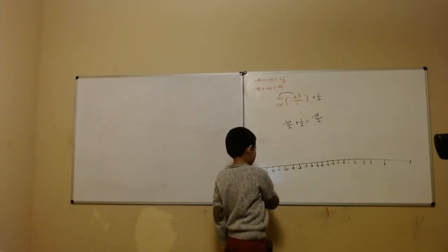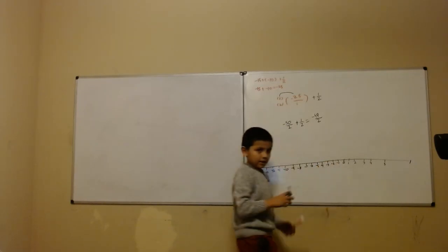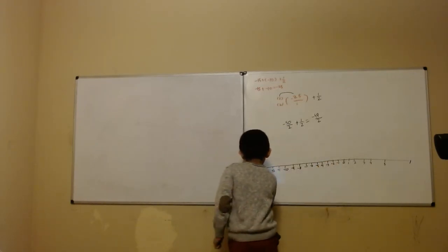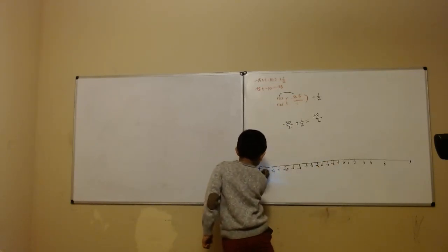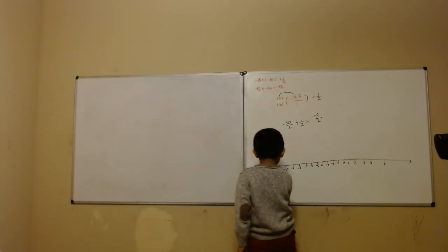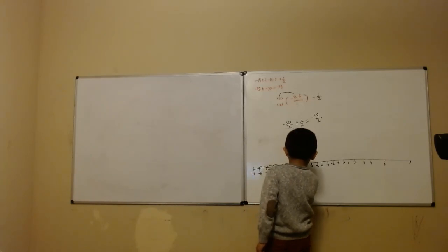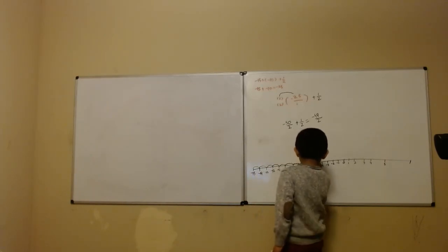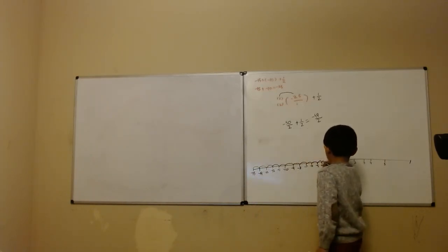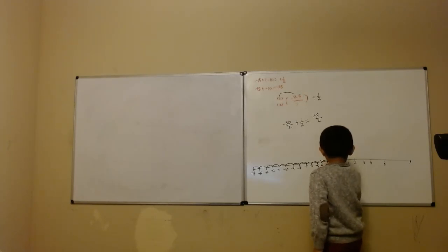So I start at 15, let's go all the way to 0. 1, 2, 3, 4, 5, 6, 7, 8, 9, 10, 11, 12, 13, 14, and 15.